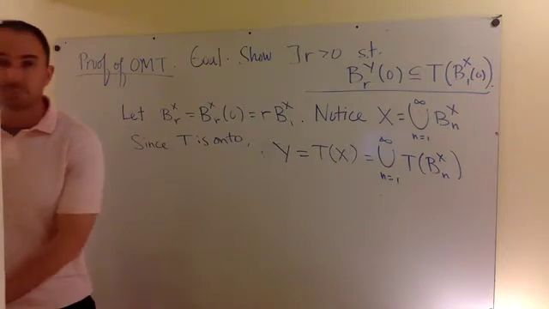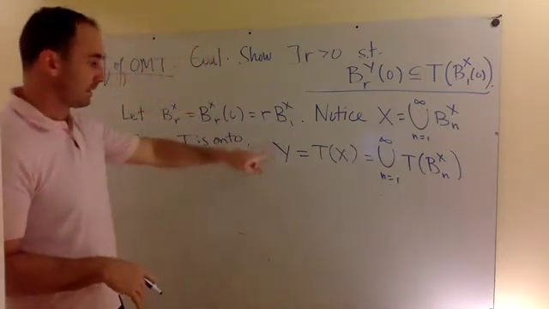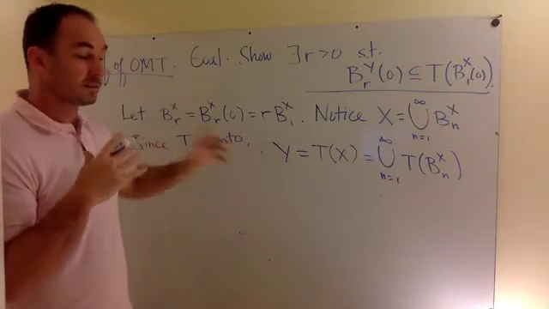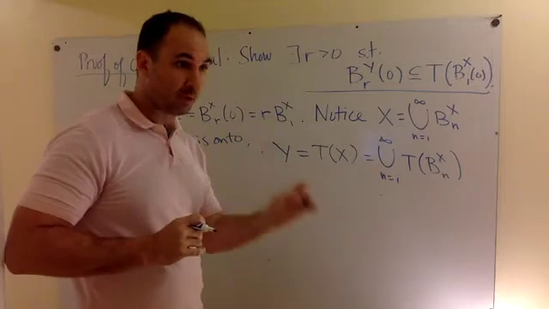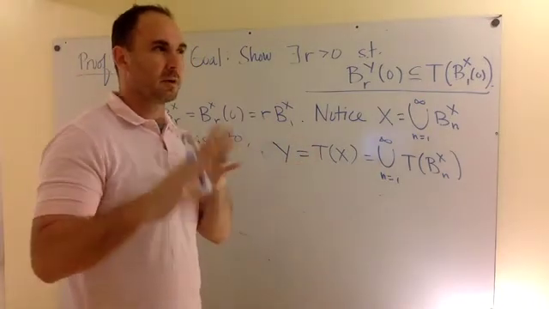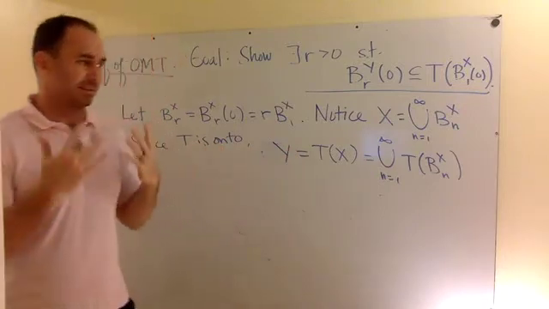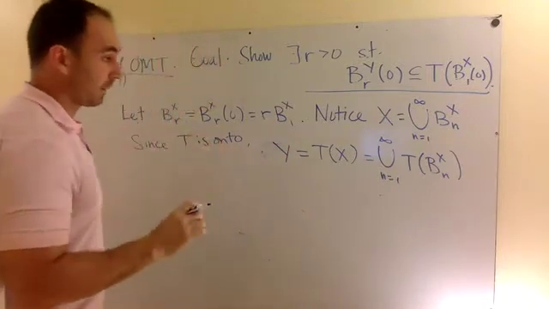Okay, now here's where we're going to invoke the Baire category theorem. The assumption is that X and Y are Banach spaces, and actually it's really neat. In this proof, you're going to see we use both X and Y being a Banach space. I think you can relax one of those and modify the proof a little bit, but in the standard proof, both X and Y are Banach spaces.